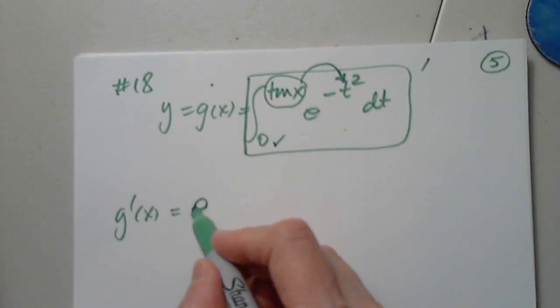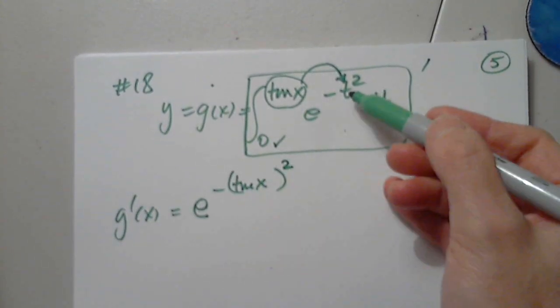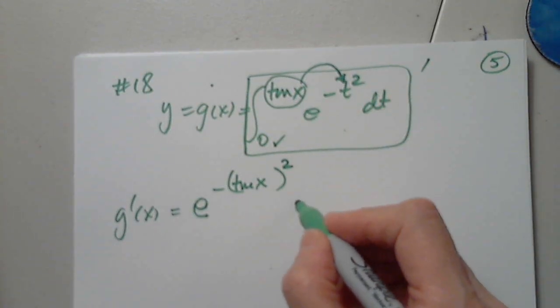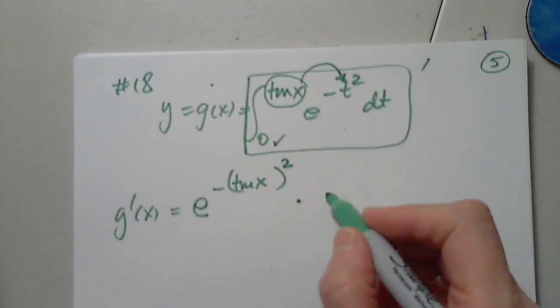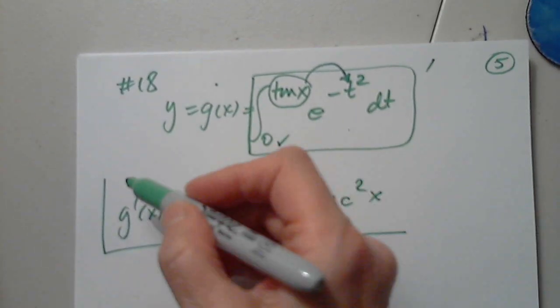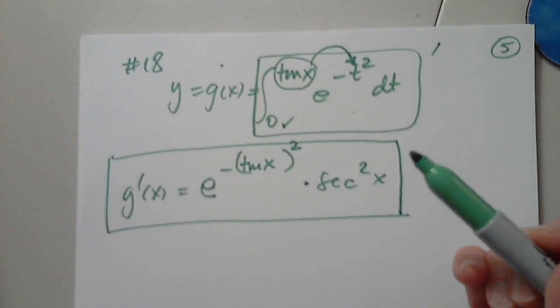So I have to write e to the negative tangent x everything squared, because it's t squared and now t is tangent x. And I have to multiply by the inner function prime. This is it. There is nothing else that we have to do here. And what did we show?